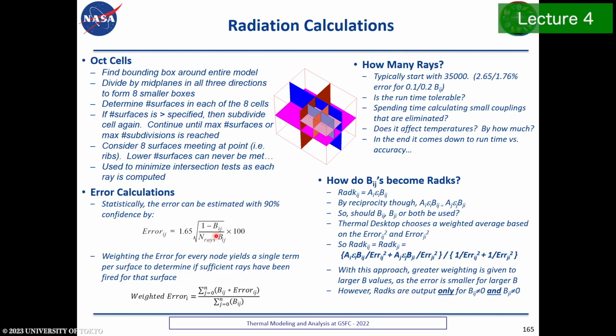So it goes down as the number of rays goes up. Smaller Bijs have larger errors, and this is essentially the confidence interval based on a 90% confidence that I would be within that error. And so this is the error for one Bij between 2 surfaces.